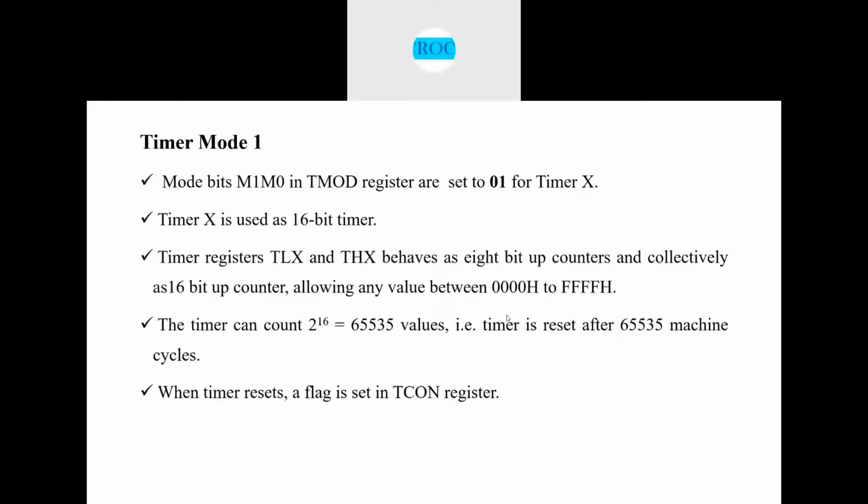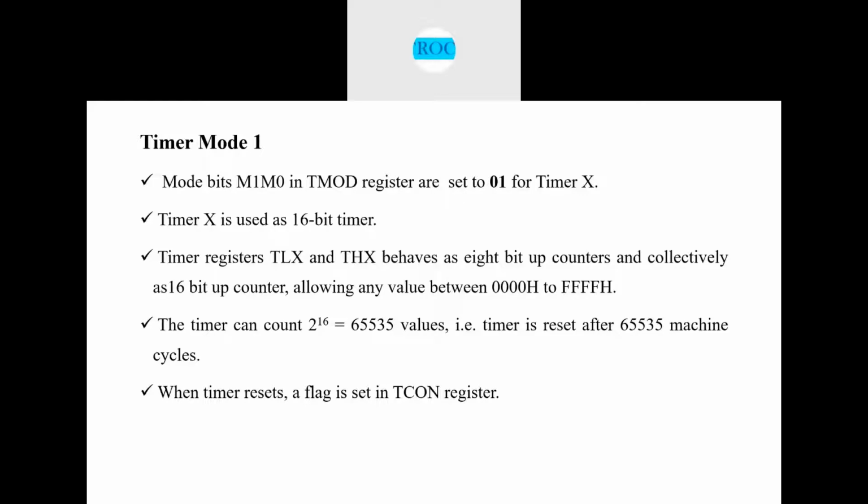In order for the timer to work in mode 1, the M1 and M0 bits in the TMOD register are set to 0 1 for timer X. For timer 0, bit 1 should be 0 and bit 0 should be 1 for it to operate in mode 1.